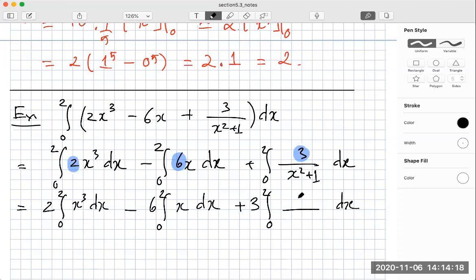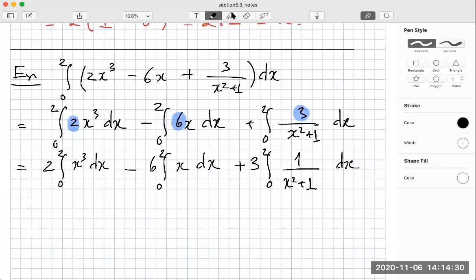Very good, and very good. Okay, so now our job is to find the antiderivative of x cubed, x, and this guy. If we can do so, then we can evaluate the value of this guy, right?